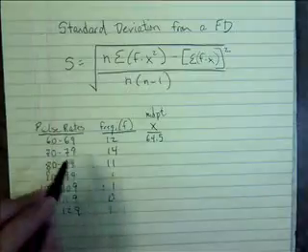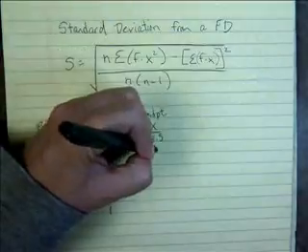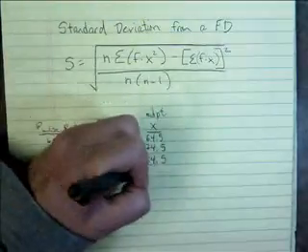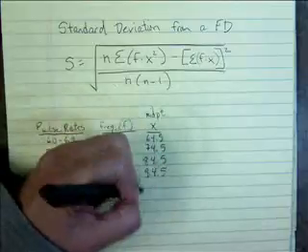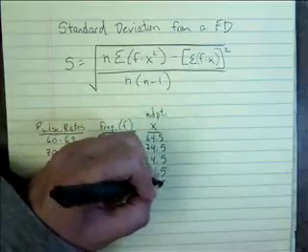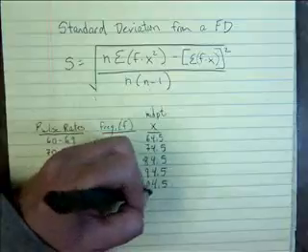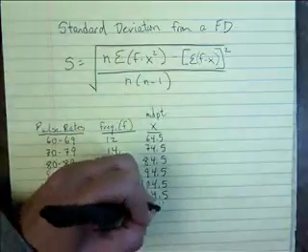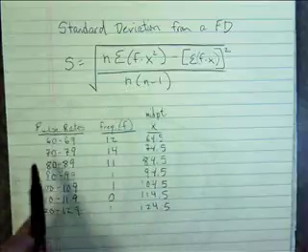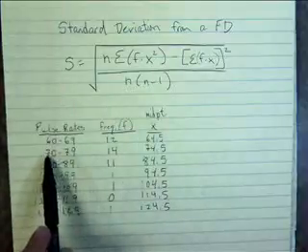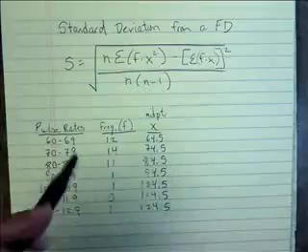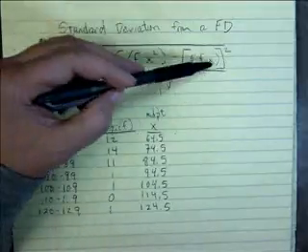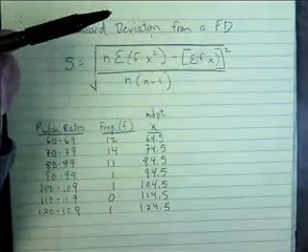Okay, so the midpoint of the next class is 74.5, then 84.5, 94.5, 104.5, 114.5, and 124.5. And again, you can get each of these by adding up the two values: 70 plus 79 divided by 2 is 74.5. Okay, so that's the x that's up here.